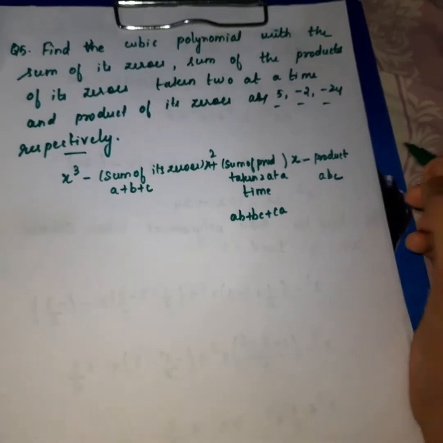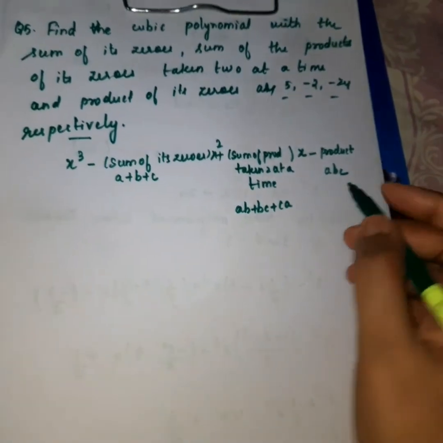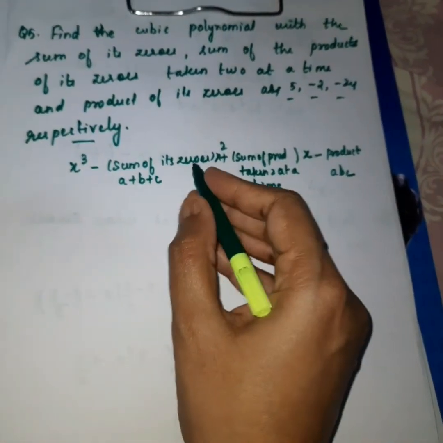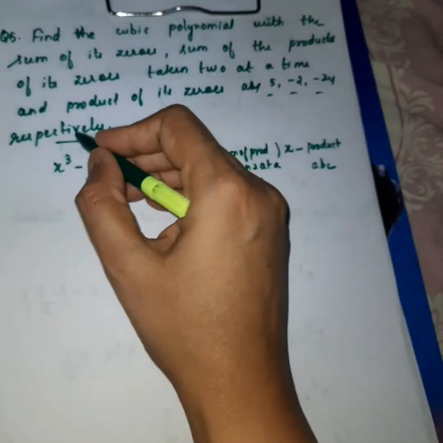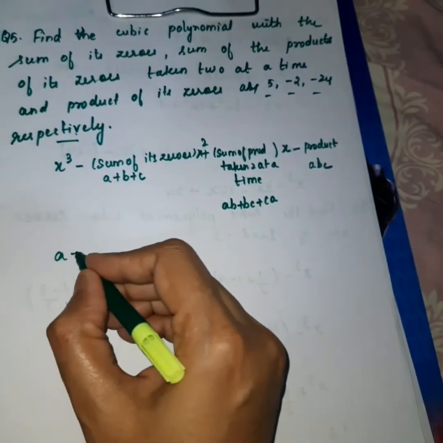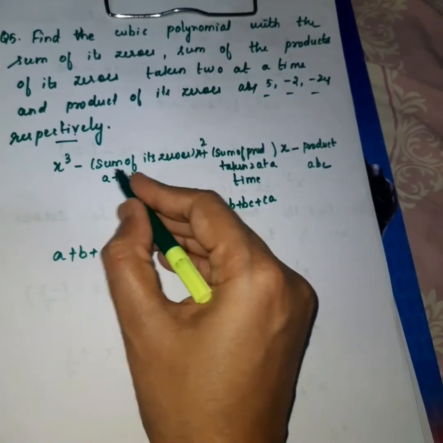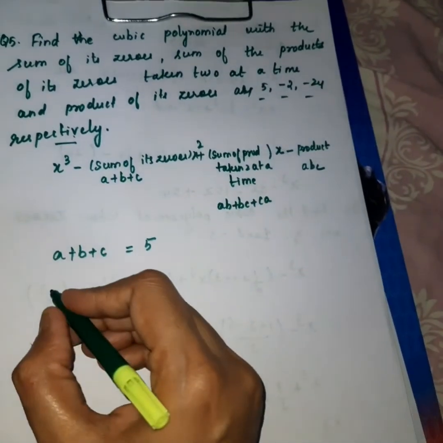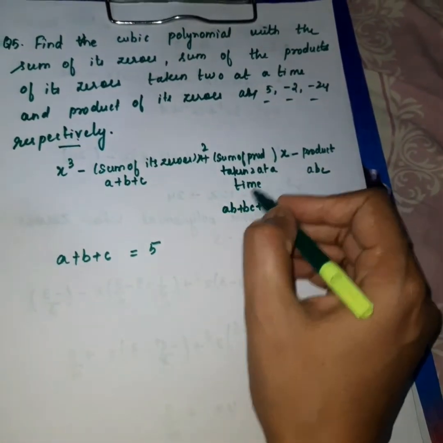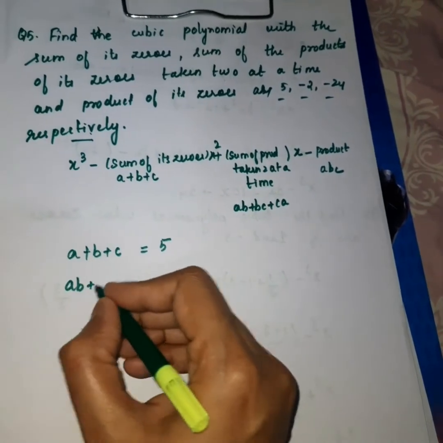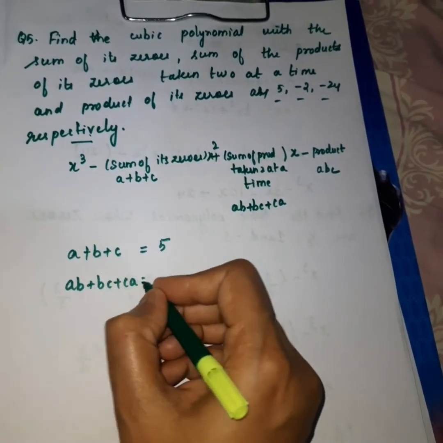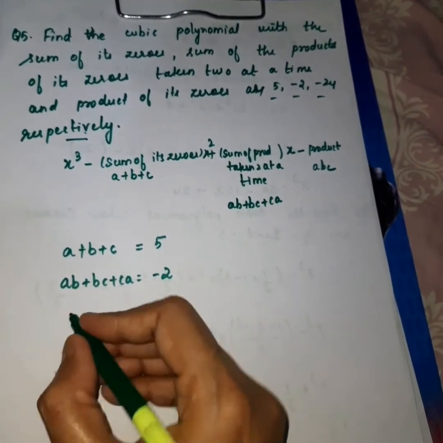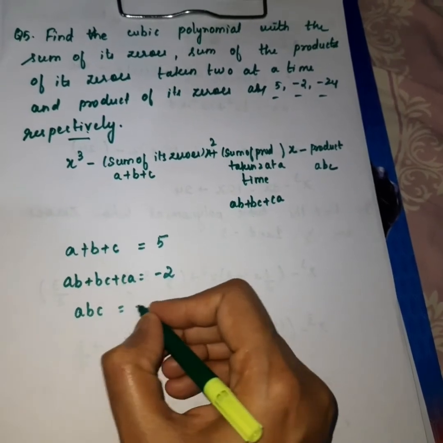So with this we can construct the cubic polynomial. 5 belongs to sum because respectively they are mentioned. So that is 5. And the sum of products of any two at a time, that is ab plus bc plus ca, is going to be minus 2. And product is abc, that's minus 24.